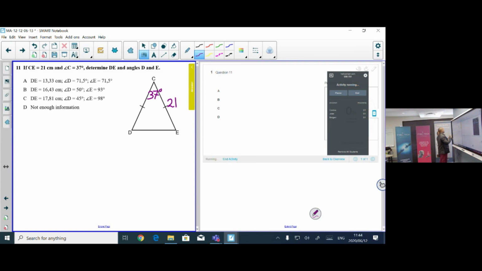And you also have to determine DE and angles D and E. So you're looking for this and this. You are also looking for DE, that. So in terms of calling this, you could just call this small d, this one small c, and this one small e.